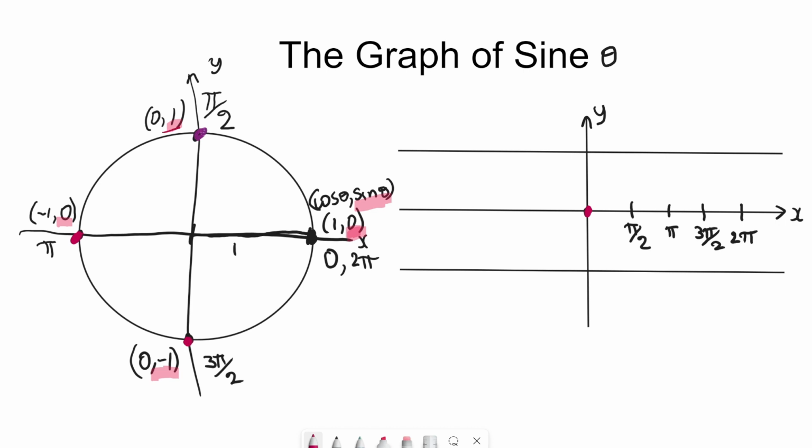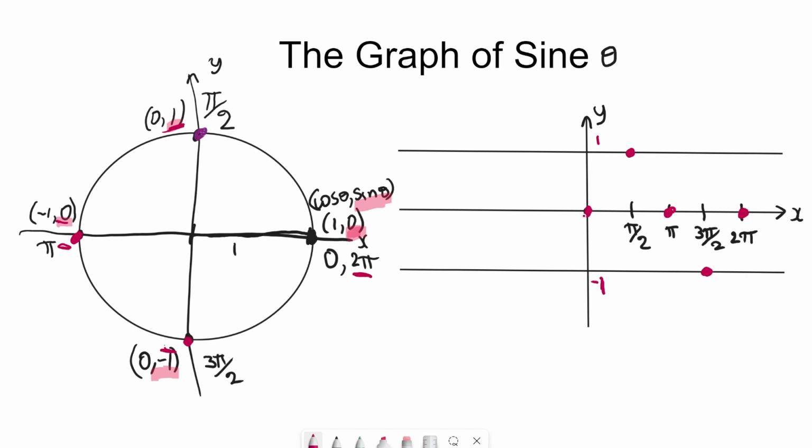Now, when I'm at pi over 2, sine is 1. So here on my xy plane, this is going to represent negative 1. And this is going to represent 1. So if I'm at pi over 2, sine is going to be at 1. Okay. Then when I get to pi, what happens? Sine is again 0. Then when I get to 3 pi over 2, sine is negative 1. I go down. And when I get back to 2 pi, sine is 0.